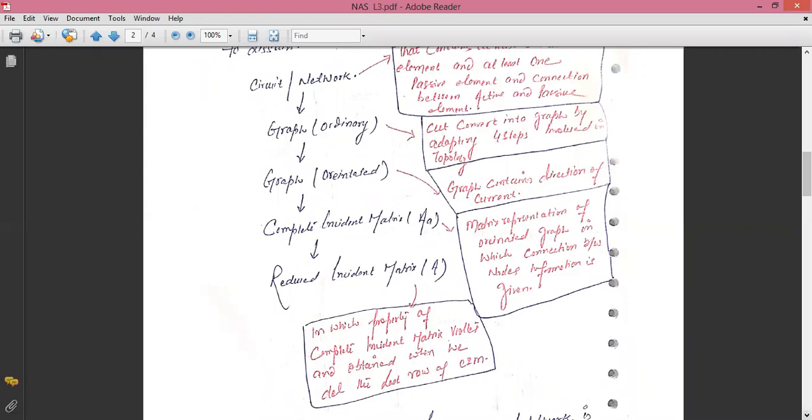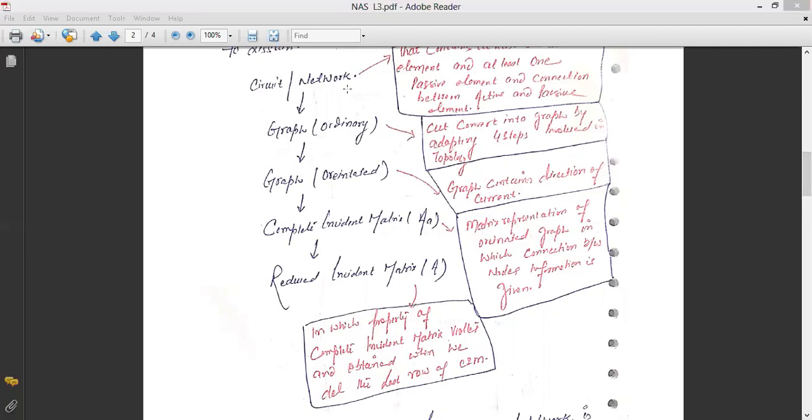How is a circuit converted into the reduced incident matrix? You are adopting all these main steps. You are going according to this flow chart, and once you go through this flow chart, you get from a circuit to the reduced incident matrix. Clear?